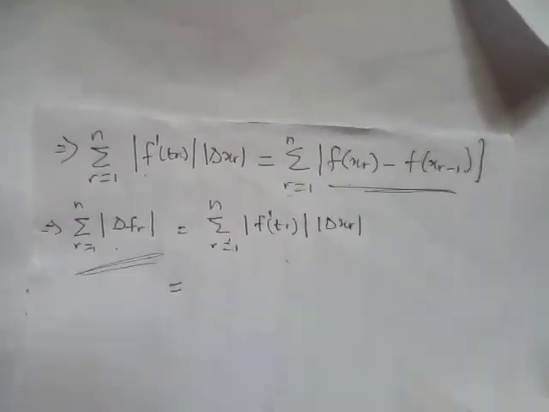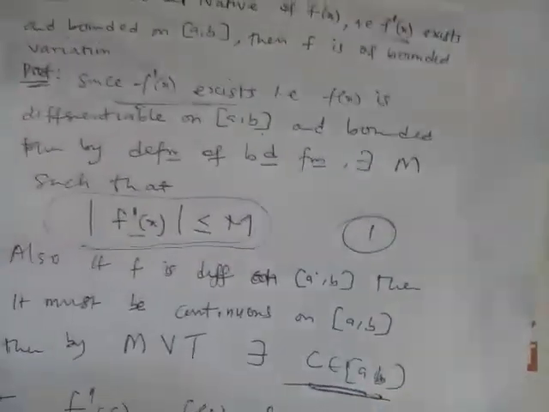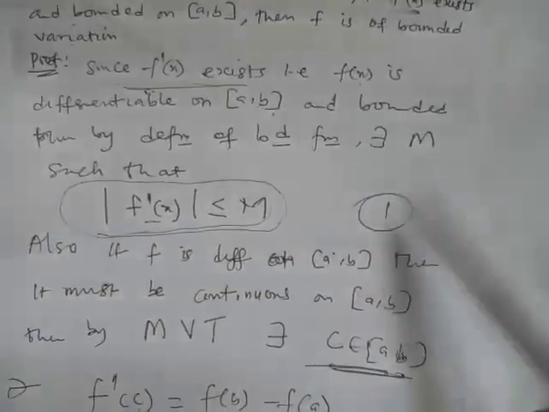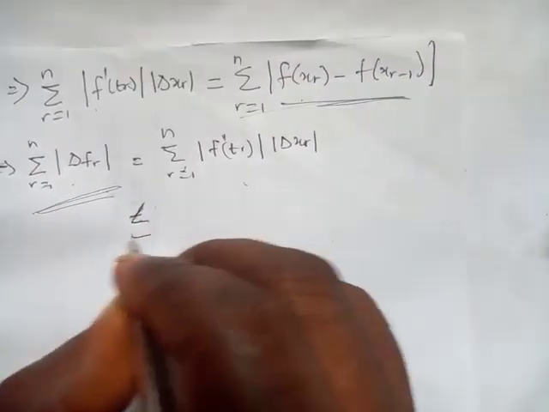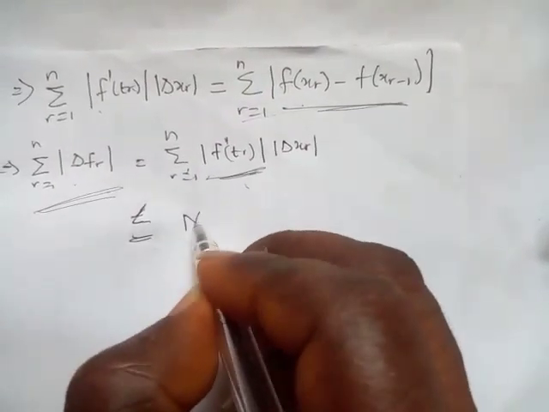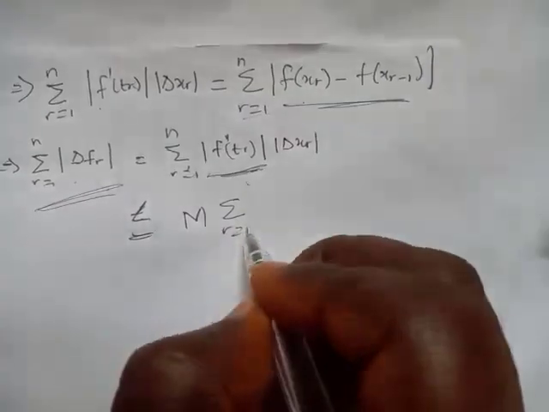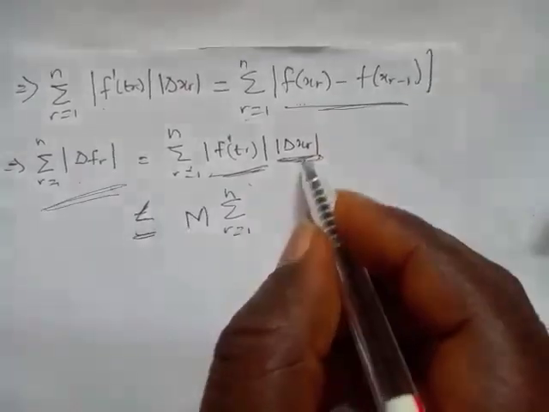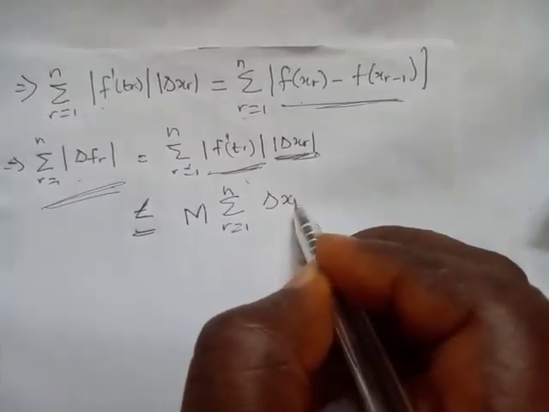Now, by equation 1 here, we have been told that f prime is bounded, so definitely this will happen. So by equation 1, the absolute value of f prime is less than or equal to m. So what we are saying is that this will be less than or equal to m, r runs from 1 to n, of the absolute value of delta SR, but this is positive, so I can remove the absolute value.